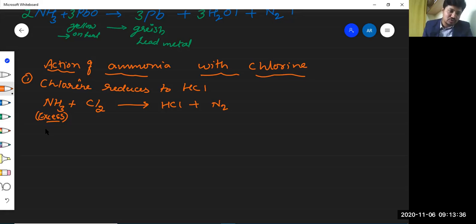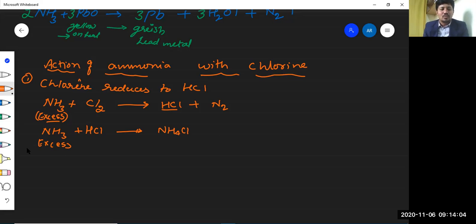Now we are adding some more ammonia. This ammonia again reacts with the HCl formed in the first step reaction, and then it produces NH4Cl.